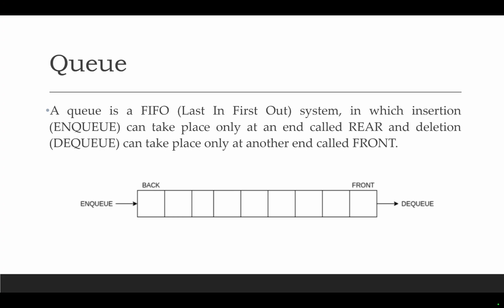Here different operations are performed on the queue, like reversing the queue, then reversing the first k elements of the queue. The basic operations performed on the queue are enqueue, dequeue, front and rear. Here we are doing the enqueue operation.